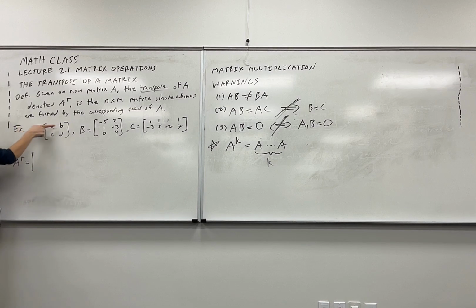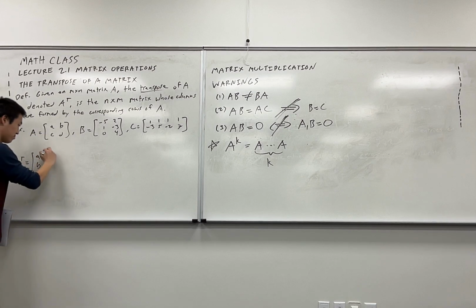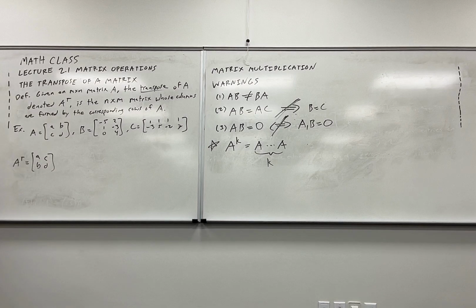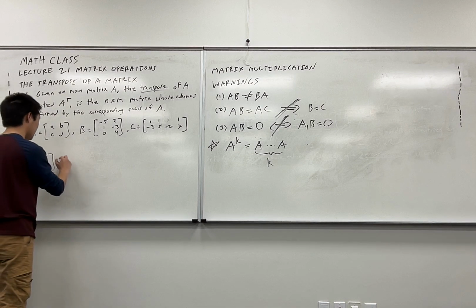What's the first row? A, B. Fantastic, that's your first column. Okay, say out loud the entries of the second row. C, D. So that means the second column is going to be C, D. Ta-da! Nice and easy. You don't even have to do any arithmetic. It's just flipping stuff around.